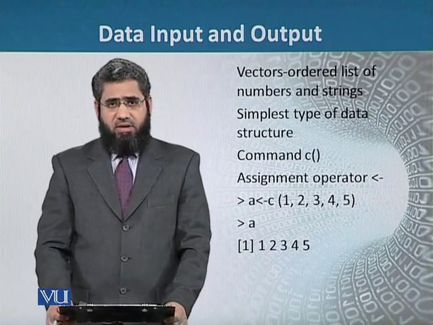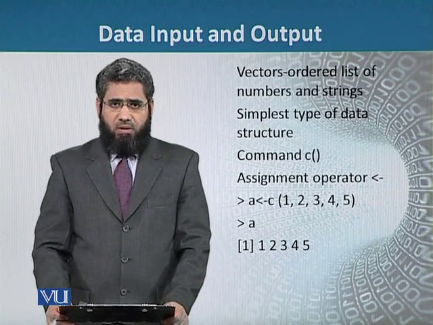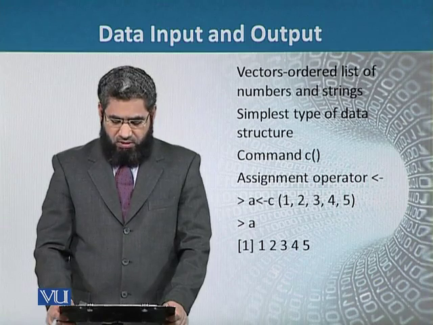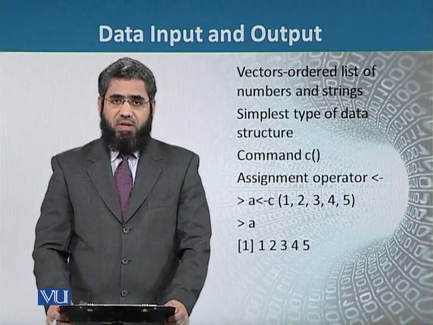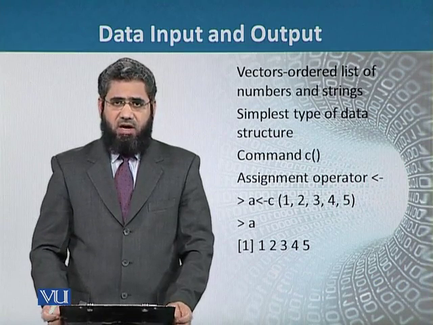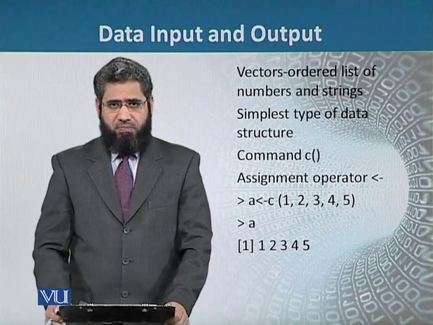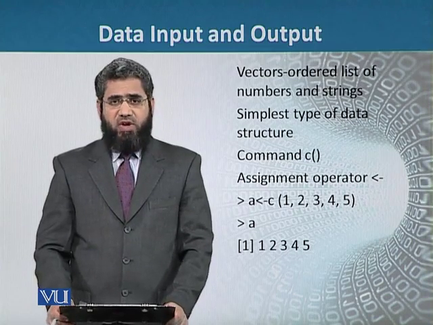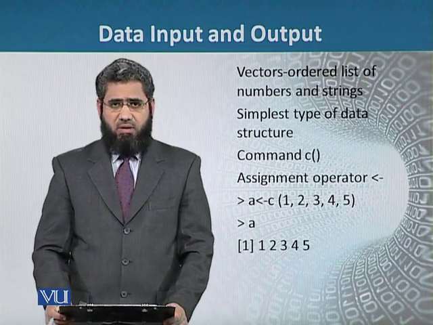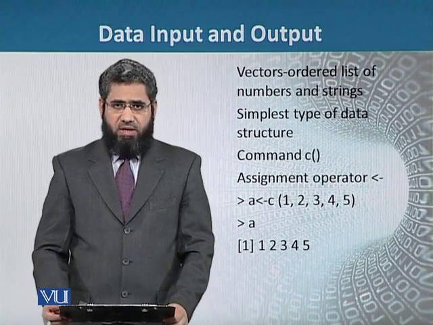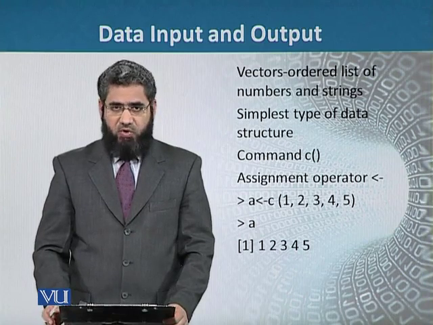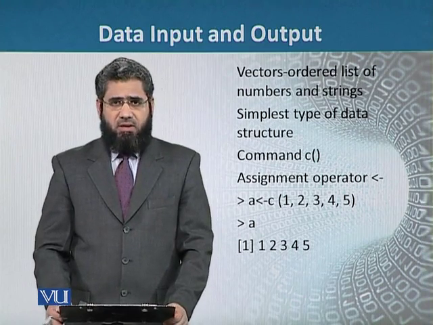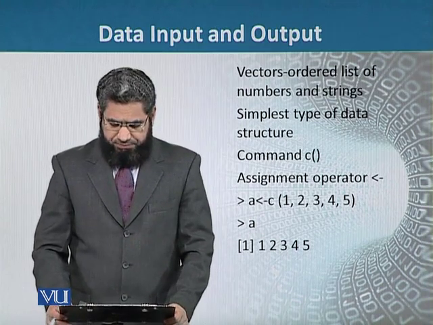Second is the vectors, and we know that vectors are ordered lists of numbers and strings. The simplest type of data set present in R is the vector. Vectors can be created by using the command c and then parentheses, and between the parentheses we write the numbers separated by commas.